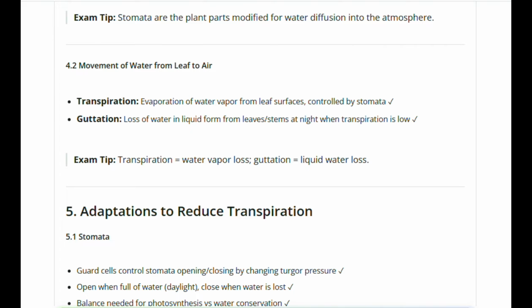The stomata has guard cells that control the stomata opening or closing by changing the turgor pressure. They open when full of water, mainly during daylight, and close when water is lost.